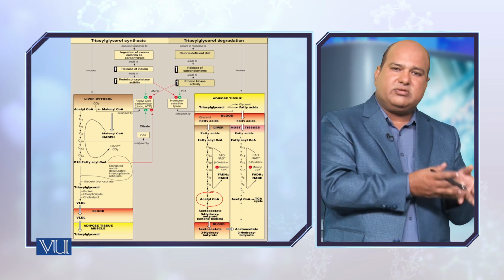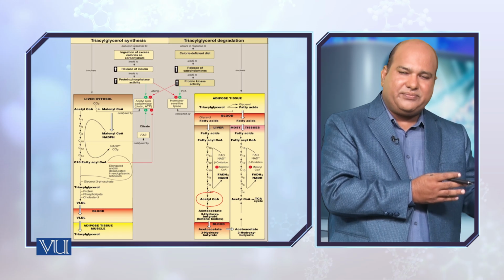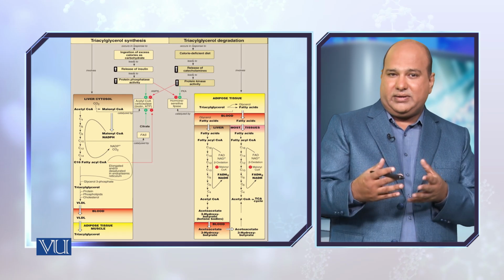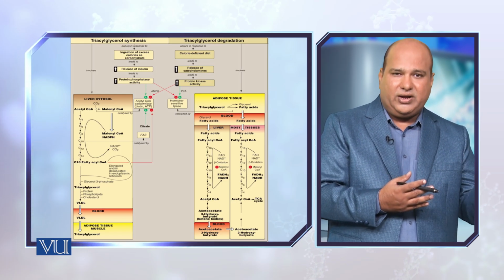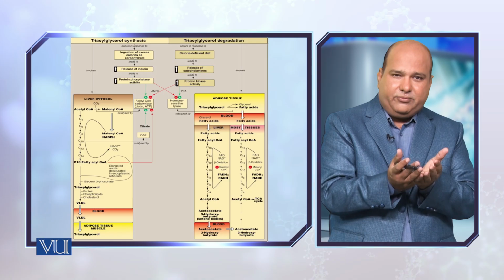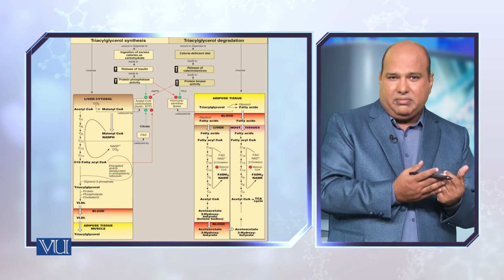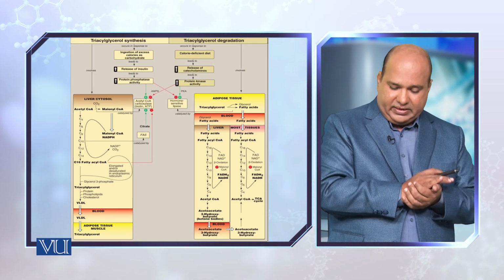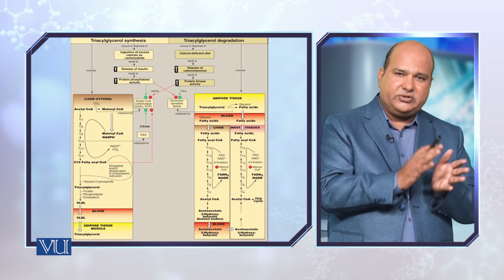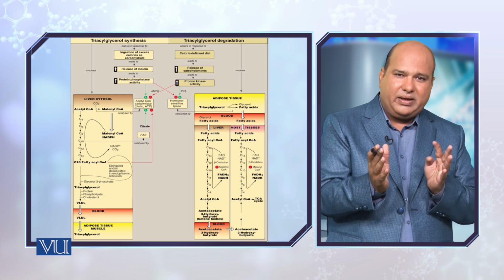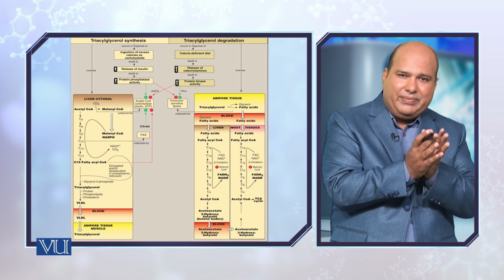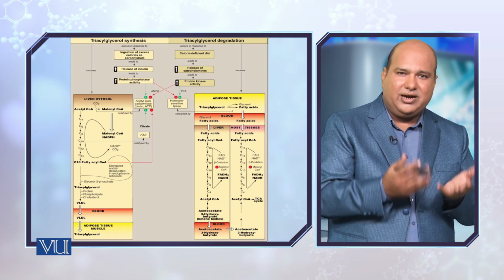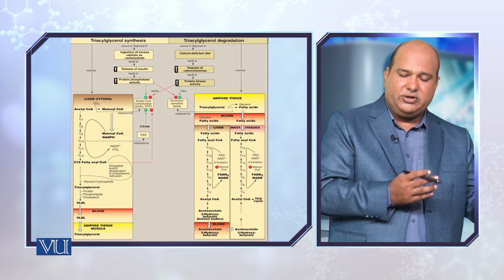For 16 carbon palmitic acid, we end up with around 7 acetyl CoA molecules, which give you a lot of energy because each acetyl CoA goes into the Krebs cycle.